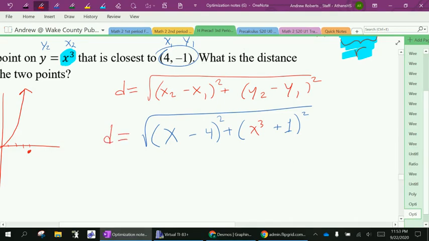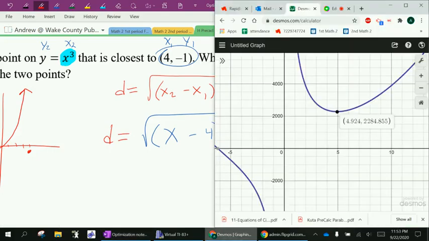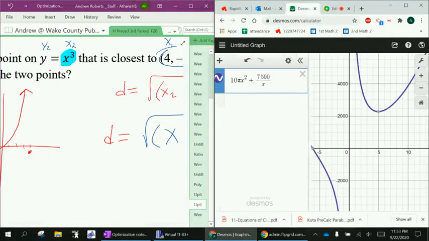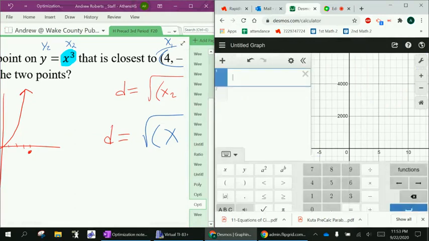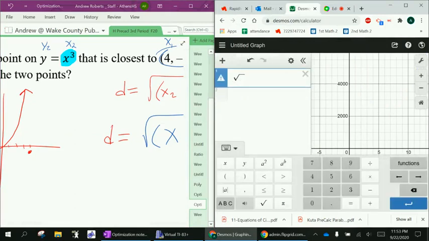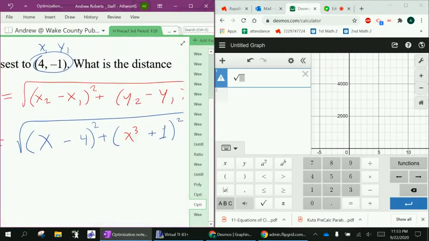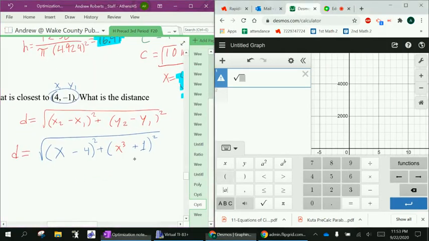So we can graph the square root of x minus 4 squared plus, not y, we replaced it with x cubed. Now, I'm going to be lazy.